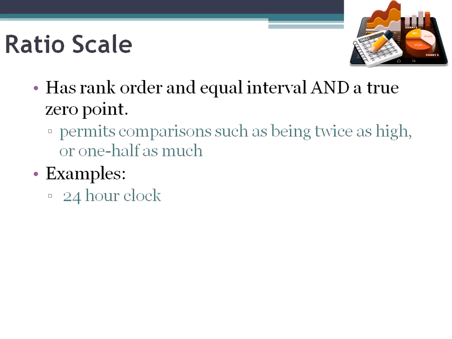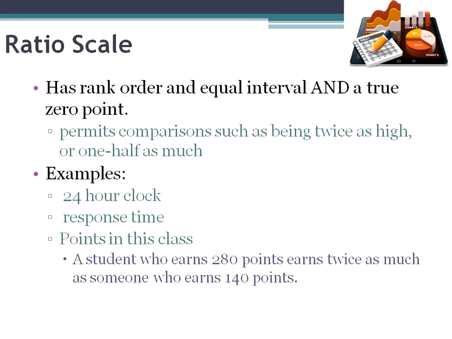So the 24-hour clock, if we start at 0 and go to 24, right, this has equal intervals and it has this true 0 point. You could also think of response time, so you could not respond at all, up to however many seconds, points in the class. So theoretically, someone who forgot to drop the class could end up with 0 points in the class.